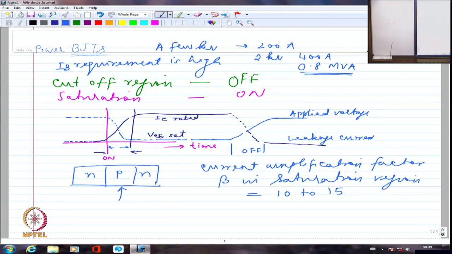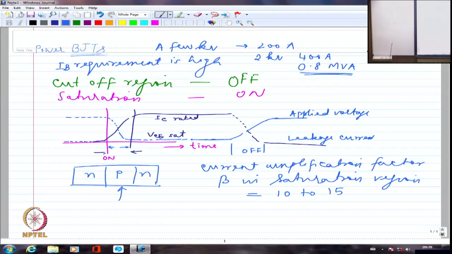I would say that the disadvantage of BJT is twofold. One is that the IB requirement is going to be very, very large. And because not much research has gone on in the power area in BJTs, the ratings are really limited.